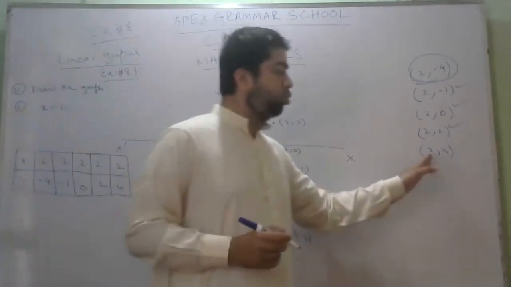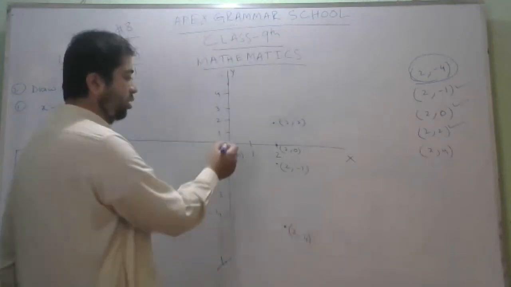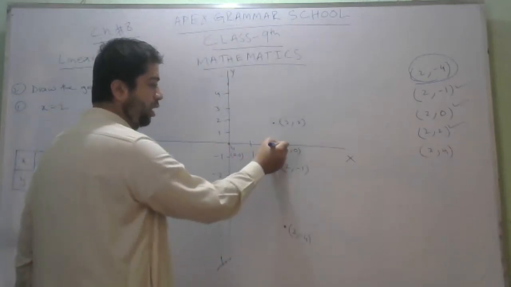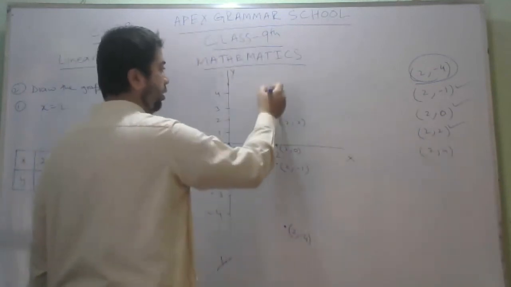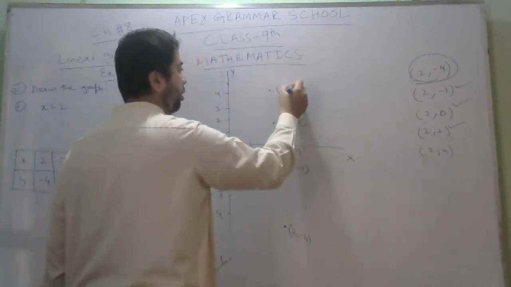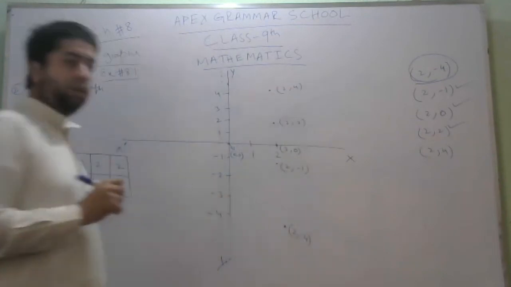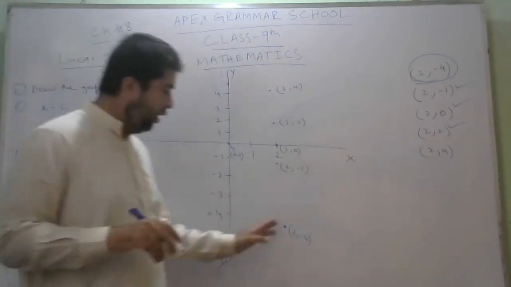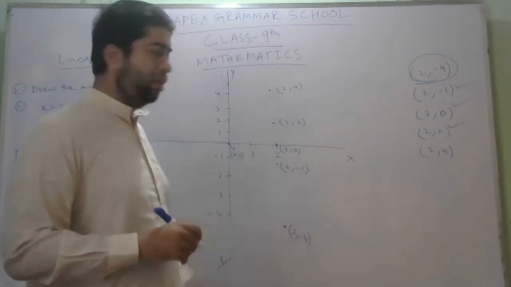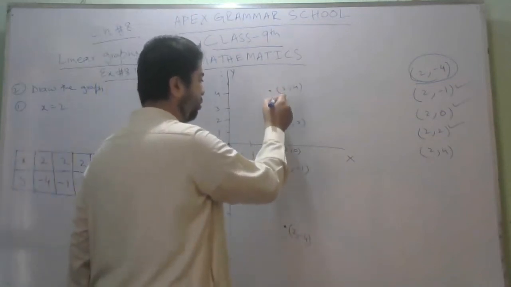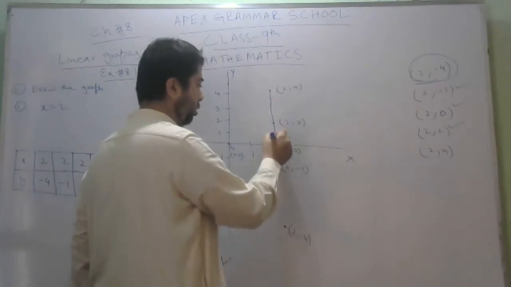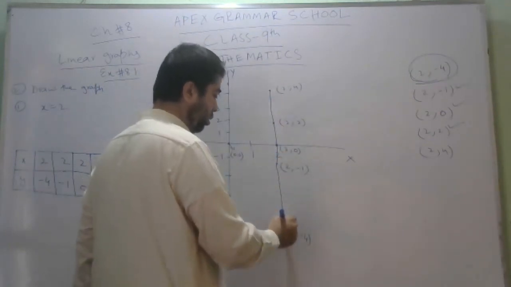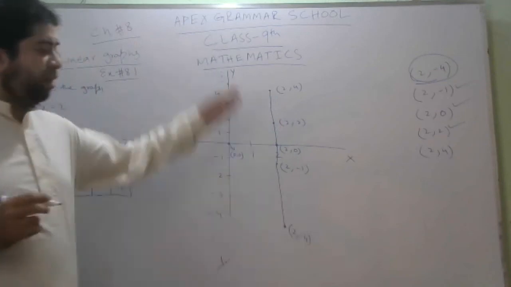Now the last is (2, 4). Again, start from the origin. This is 2, and this positive 4 is for y, that is here. Okay, you can see that after drawing these points, you can draw the straight line.